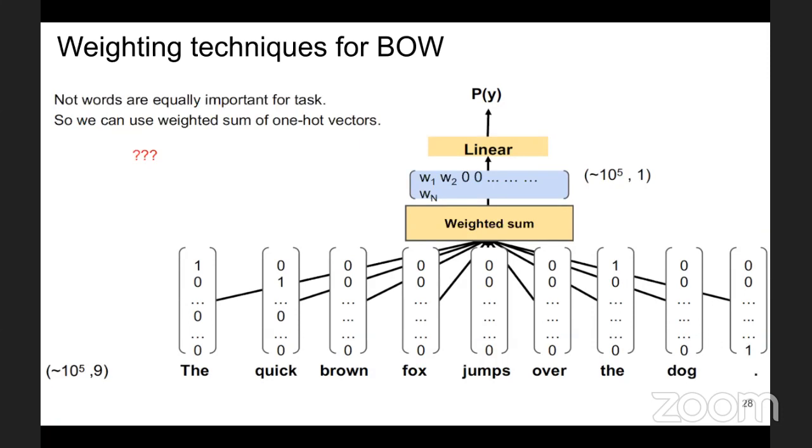Now let's consider simple things. Okay, fine, we are using a one hot vector, what can we do with it? These ideas will apply to anything, even if you are using a richer vector representation. Now see, not many words are important for the task. What do I mean by that?